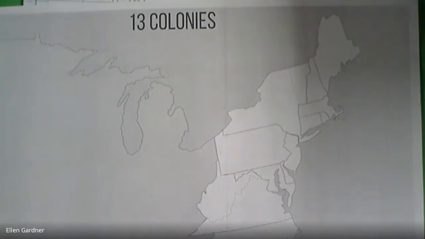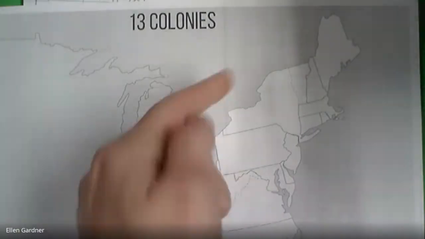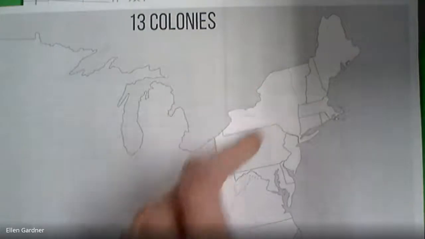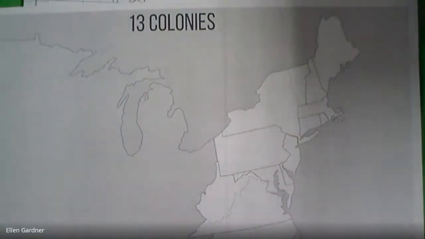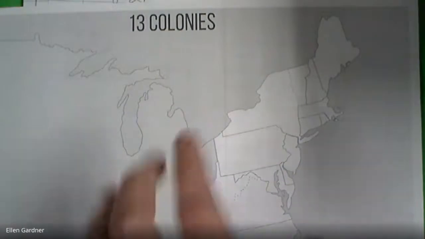Okay, so 13 colonies. We have one that looks like this. We're going to be filling this in according to the historical map of the colonies. And from our book, it's actually cut off a little bit. We're not going to end up doing that, but we are going to label these according to the colonies.